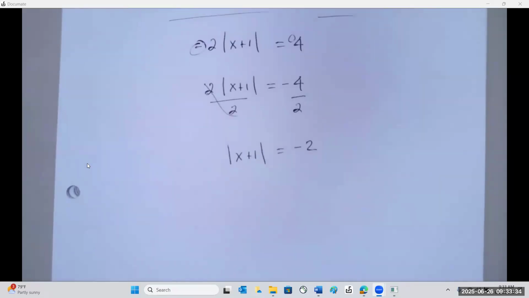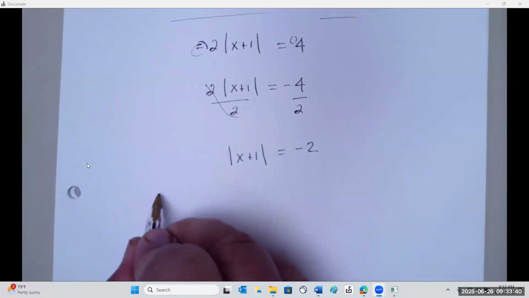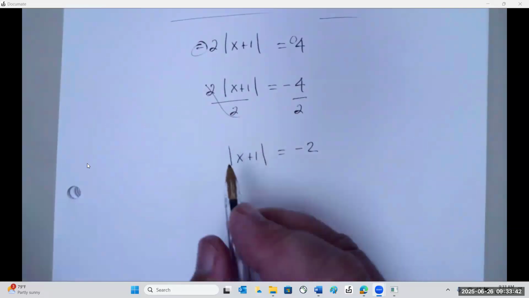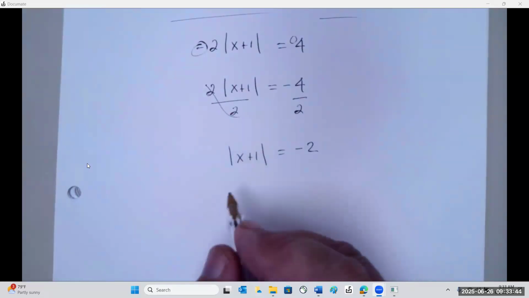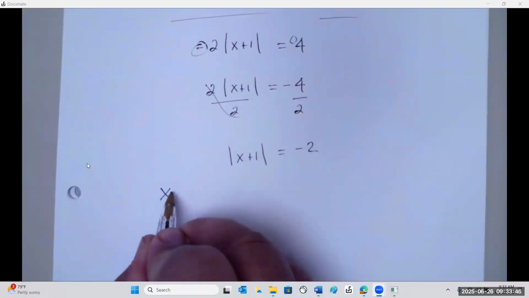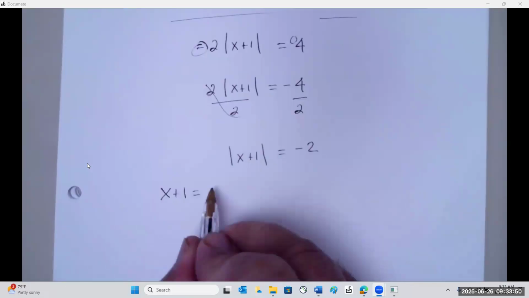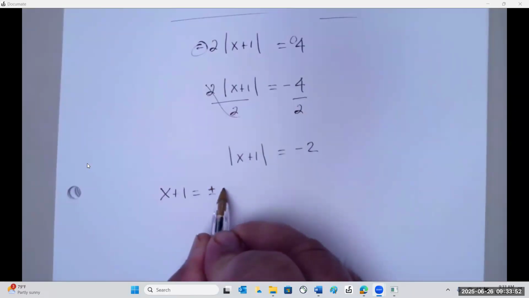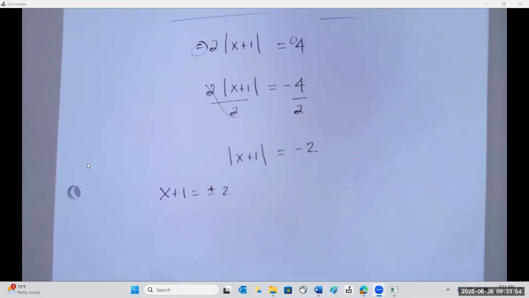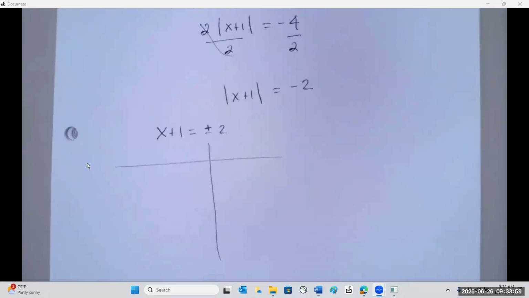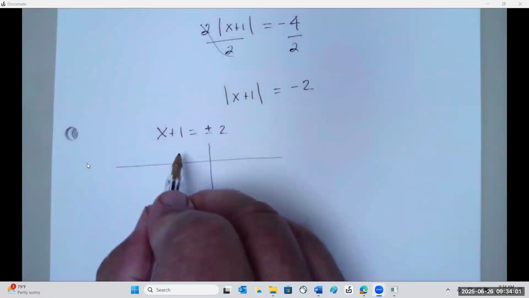And what's my next step? The absolute value is by itself, which is what we're trying to get to. So if we drop the absolute value, what do we get? Plus or minus 2. So let's check our answers. Oh no, we're not done yet.